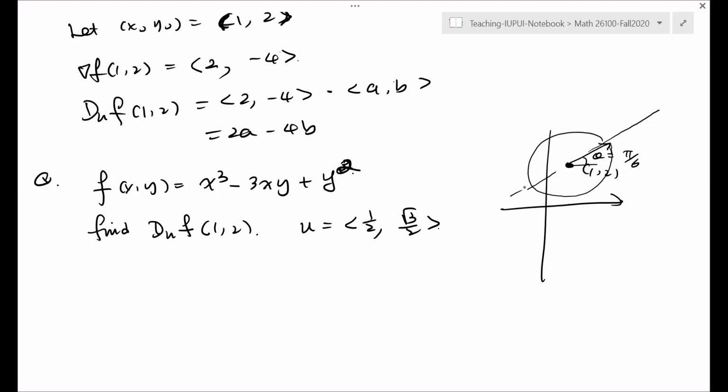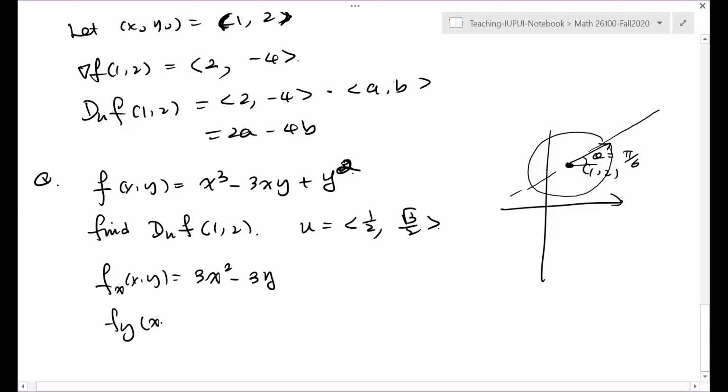Now all you have to do is find the partial derivatives. You get 3x squared minus 3y. The partial derivative with respect to y is negative 3x plus 2y.